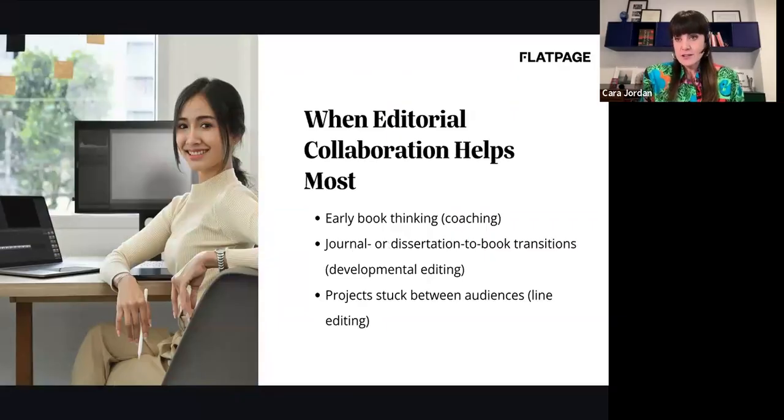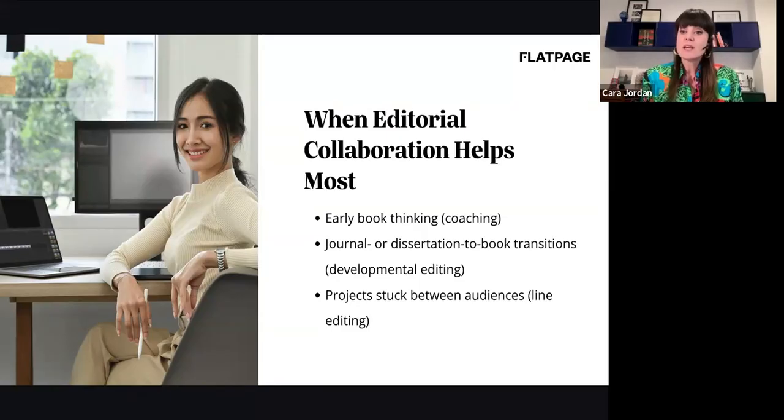And when you're thinking about editorial collaboration, editors are really helpful when scholarly writers are thinking about these kinds of crossover books, thinking about transitioning from academic forms, or if they're feeling stuck between different audiences with their text. These are some of the ways that you might engage somebody outside of your manuscript or your colleagues if you don't feel like sharing your text with them.